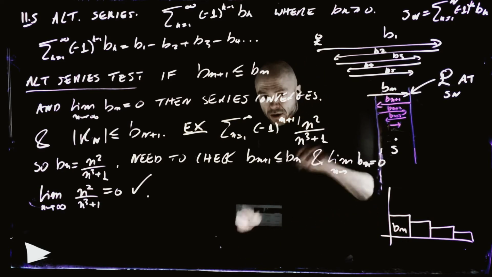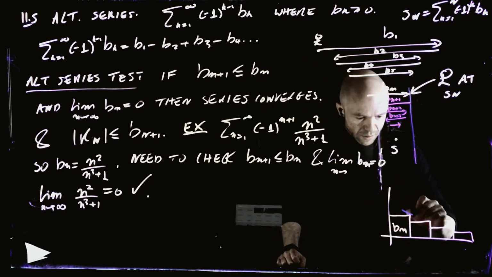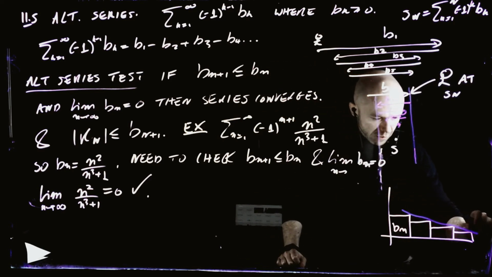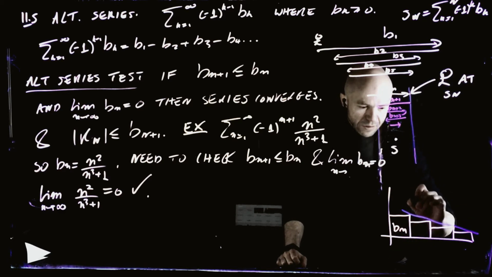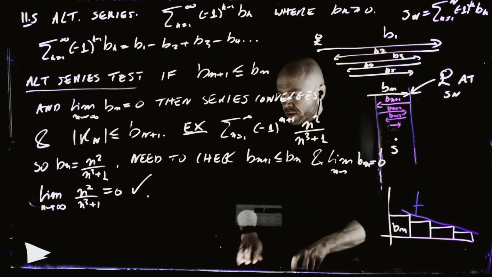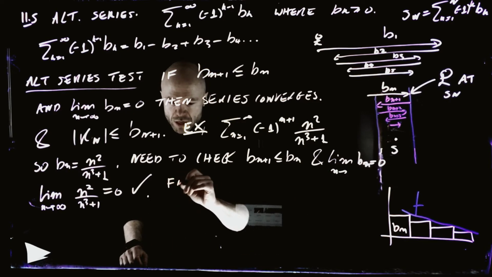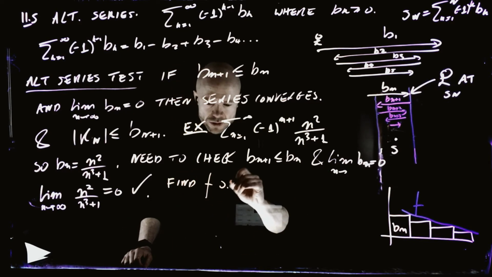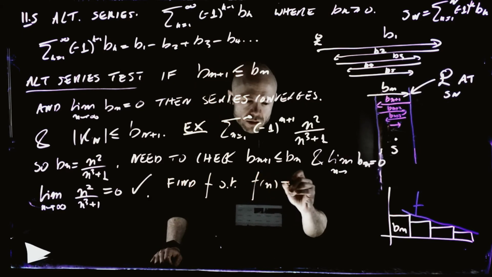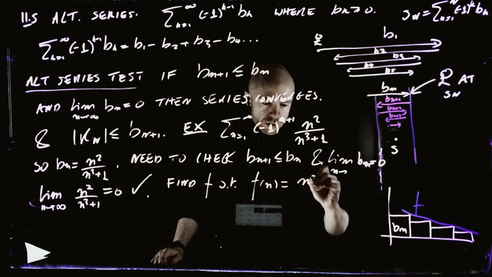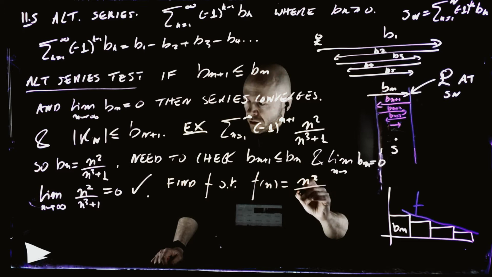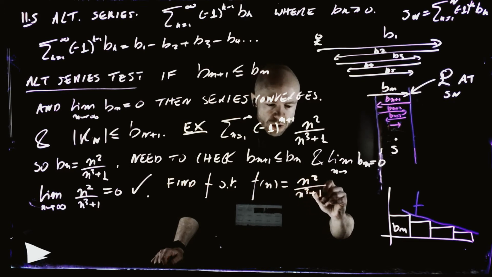The bn are positive terms, right? Because we use them to create our alternating series. So if we have a function that recovers this, then all we need to do is check that the function is decreasing. So find f such that f of n is equal to bn, which is n squared over n to the 3 plus 1.